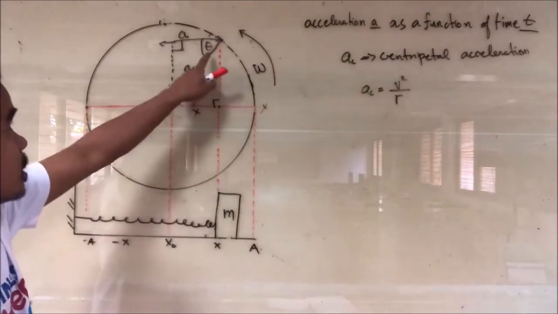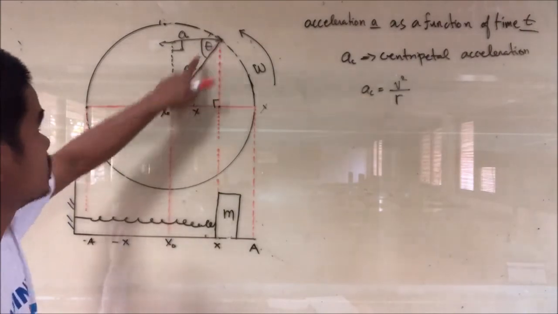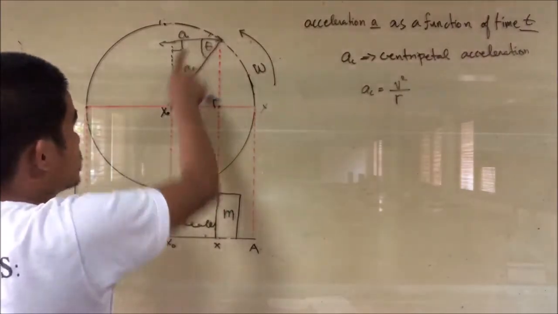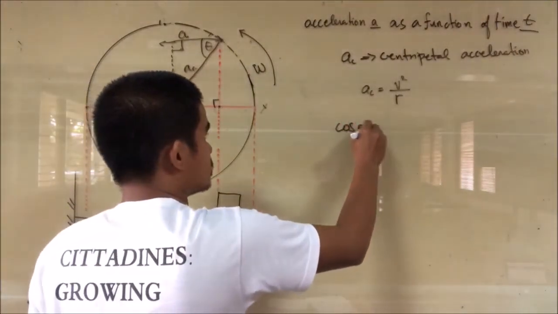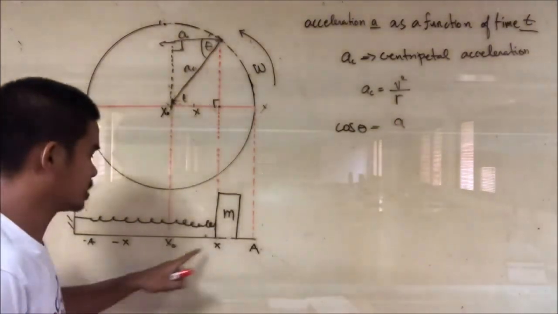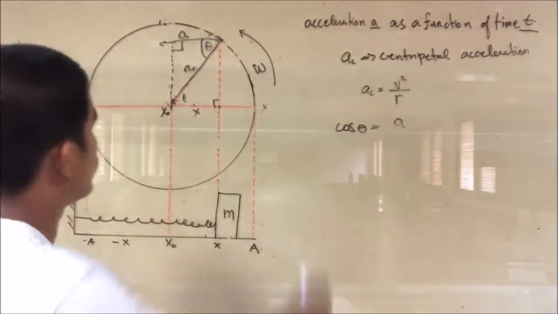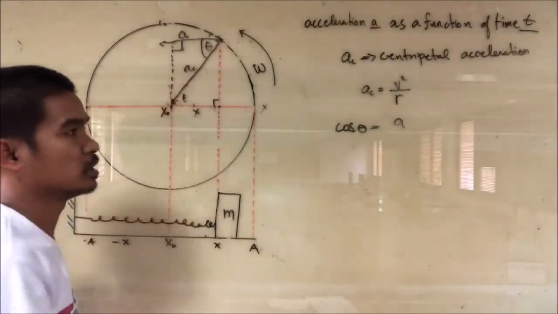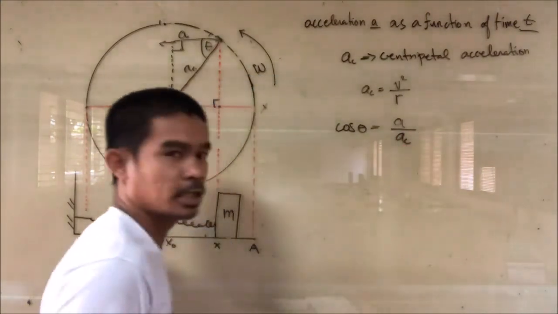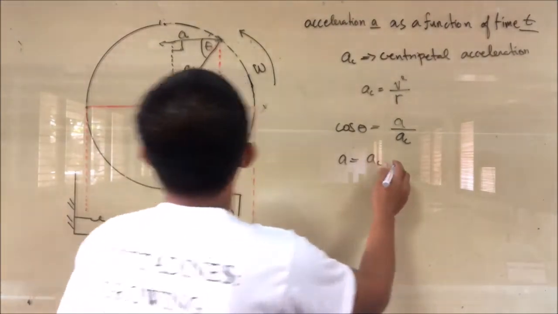So if we're going to get the cosine of that angle, cosine theta, if this is theta, this is also theta. Review your geometry and trigonometry. The cosine of that angle, cosine theta, is the adjacent side, which is a, the acceleration of this object moving in simple harmonic motion, over the hypotenuse, which is the centripetal acceleration, a_c.